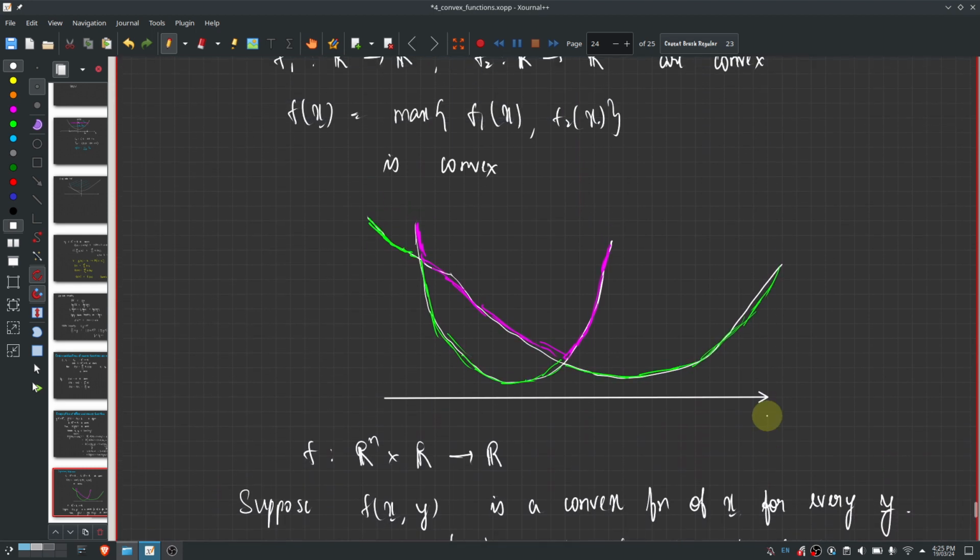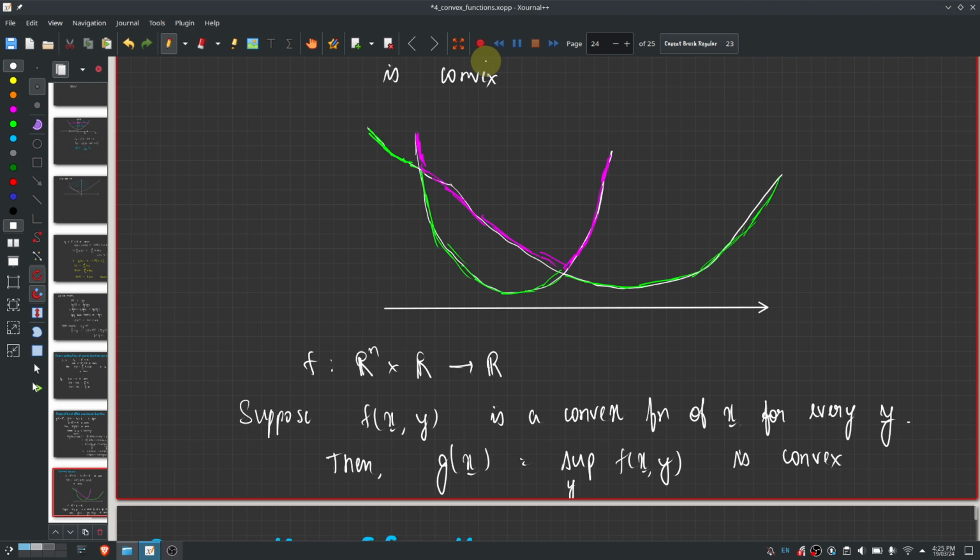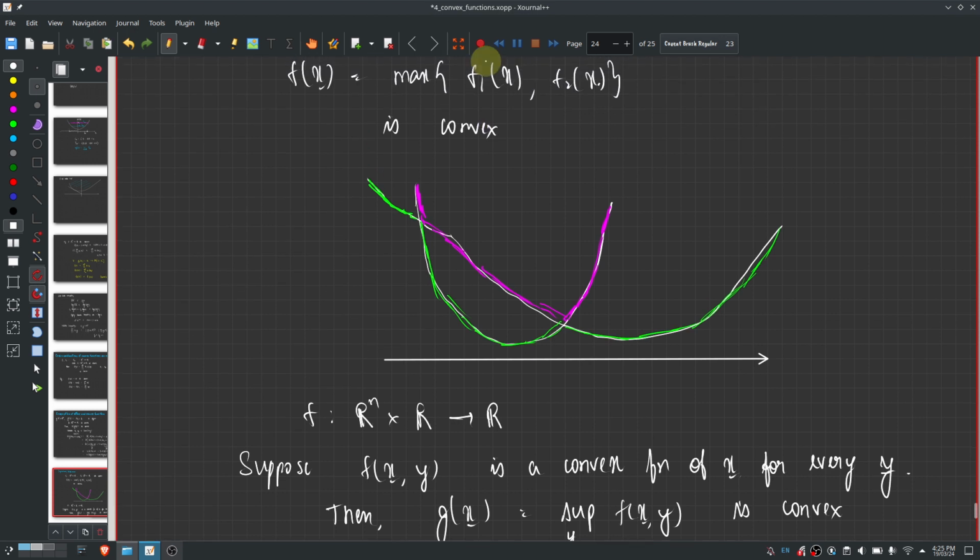In this case, you can think of y taking one of two values, 1 or 2. If y equals 1, then f of x comma 1 is f1 of x. If y equals 2, then f of x comma 2 is equal to f2 of x. But more generally, I could have a collection of infinitely many functions and take the supremum over all those functions for each x. So in this case, suppose I had a third function.